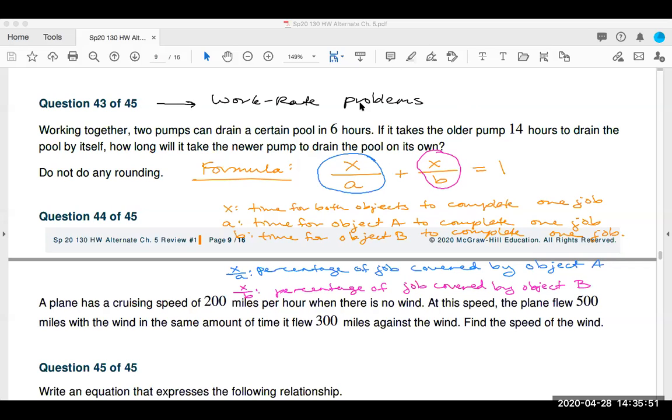And then that all totals up to one total job.